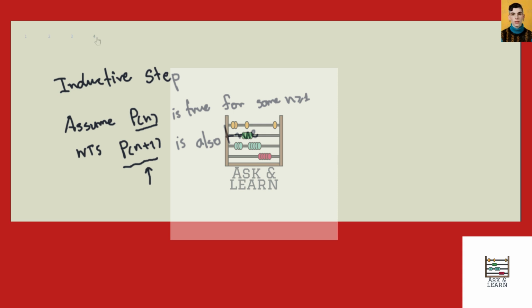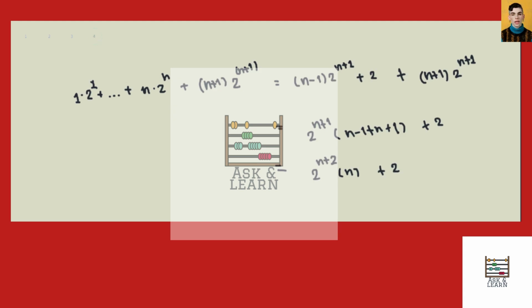So let's do this. First, we look at the sum from 1 to n plus 1. You can see that the first n terms here are the left-hand side of P(n), right? And since we have assumed P(n) is true, the formula holds. So the first n terms equal this formula, right?